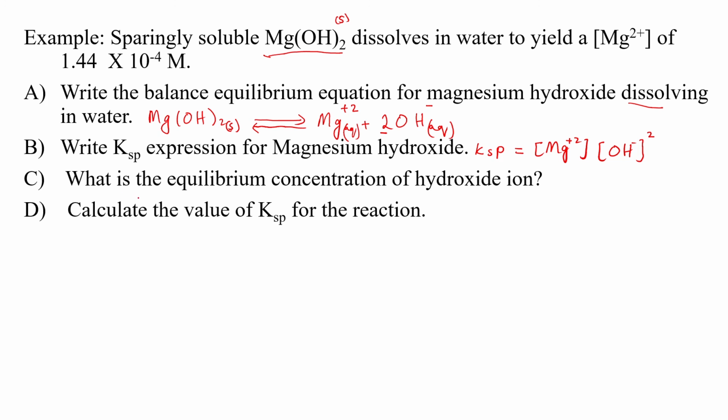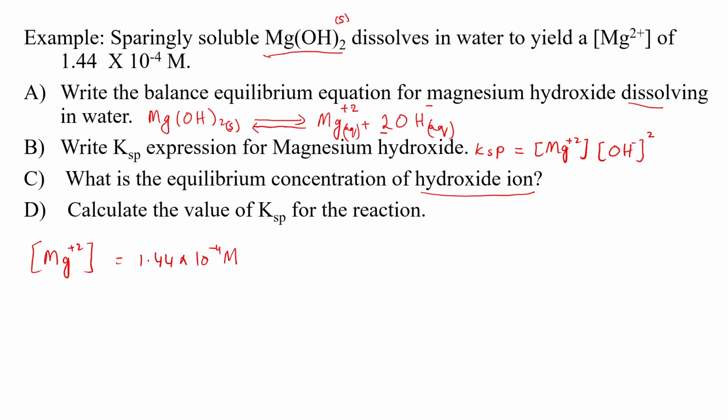Next, you have to find the equilibrium concentration of hydroxide ion. So let's see what information is given. The information given is the concentration of magnesium ion. Okay, so if the concentration of magnesium ion is given, what is the mole ratio between magnesium and hydroxide? It is 1 to 2, right?